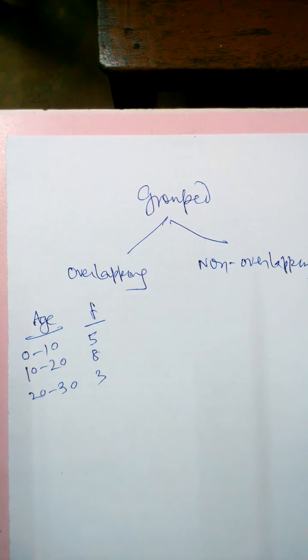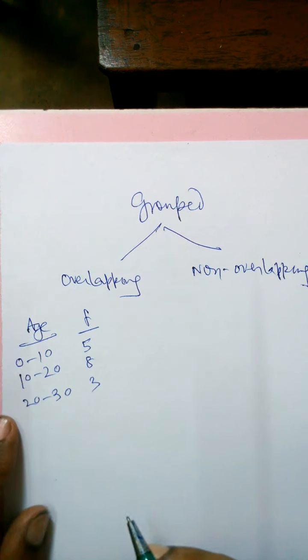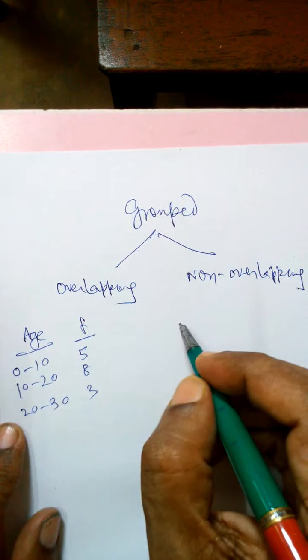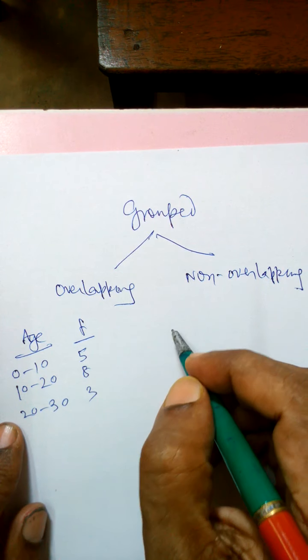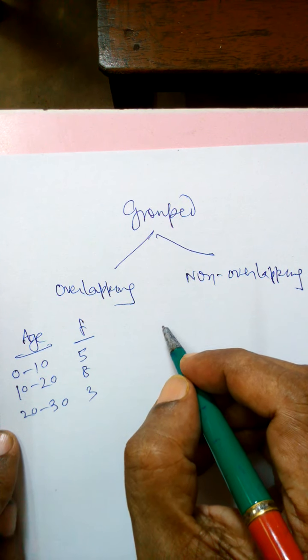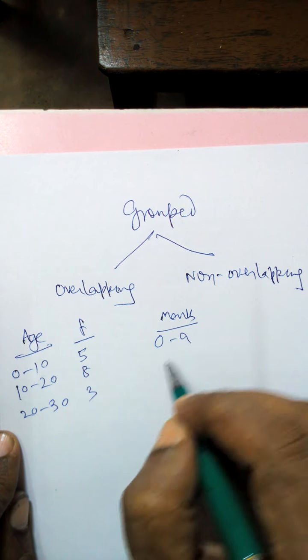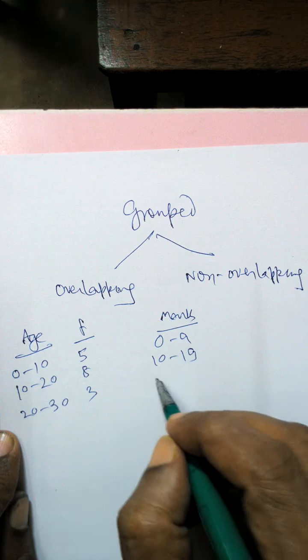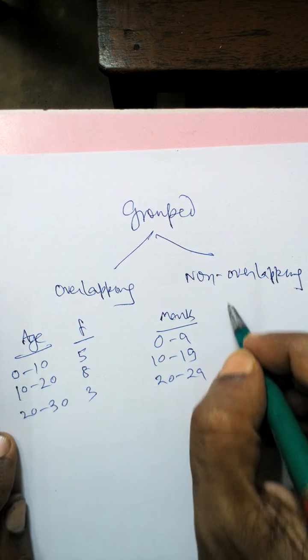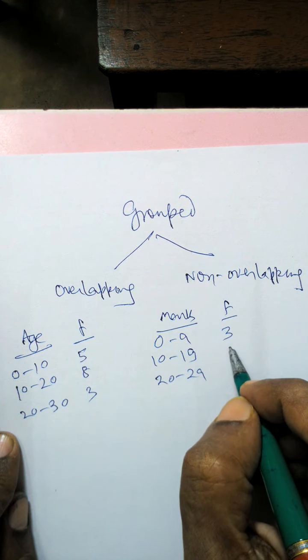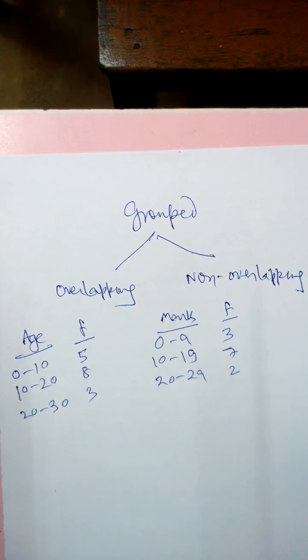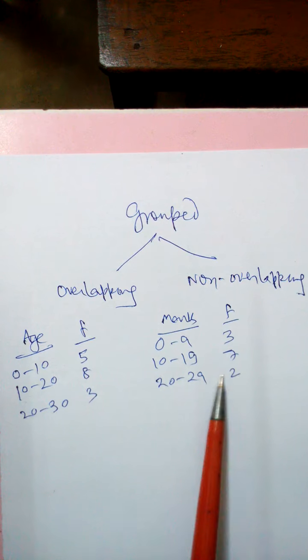But on the other hand, I am seeing number of marks obtained: 0 to 9 marks, 10 to 19 marks, 20 to 29 marks, and number of students maybe 3, 7 and 2. These two types of table we are seeing. This is also grouped, this is also grouped.